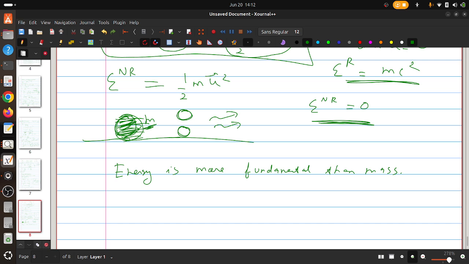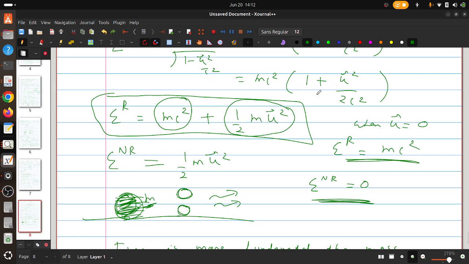And it is the law of conservation of energy that holds, and not the law of conservation of mass. In general, it does not hold. But under the assumption of very small velocities, you can prove that the law of conservation of energy actually equals the law of conservation of mass.